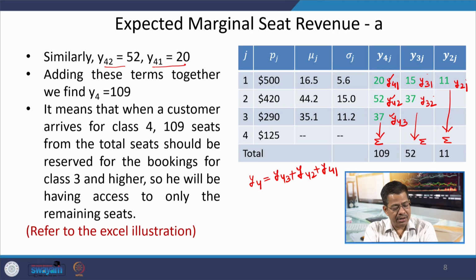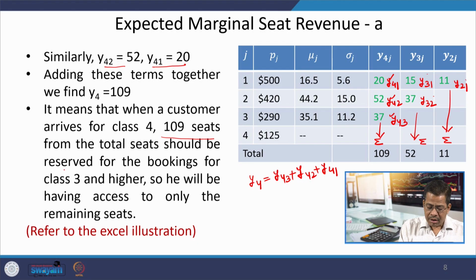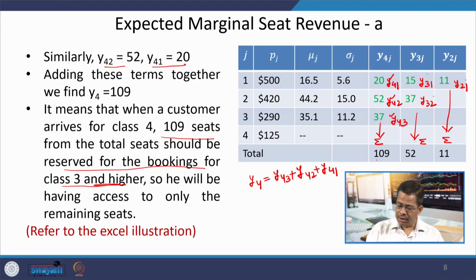So, it says that if you have a total capacity of your class 4, 109 seats from the total seats should be reserved for the bookings for class 3 and higher. So, when your customers start the booking, 109 seats you are keeping for class 3 and higher, 52 seats you are keeping for class 2 and higher, and 11 seats are available exclusively for class 1.